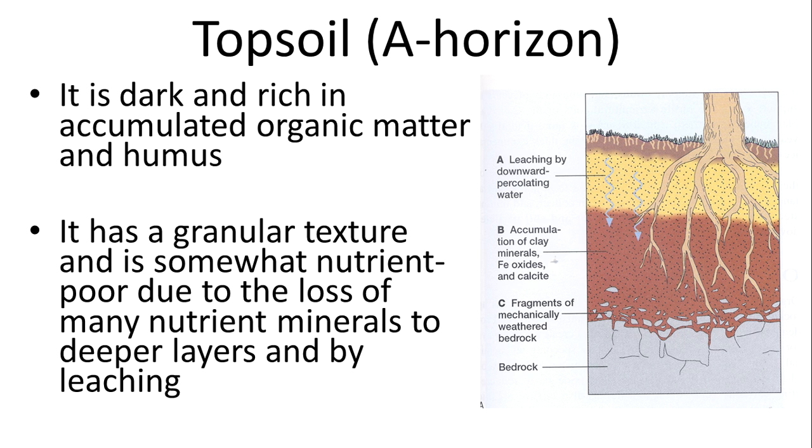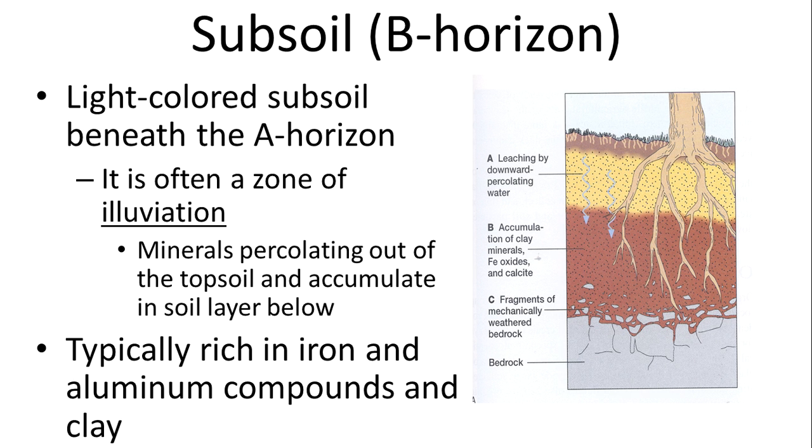Even though it has the organic matter, it tends to be nutrient poor because a lot of nutrients tend to leach. So they actually end up percolating down through the soil profile.